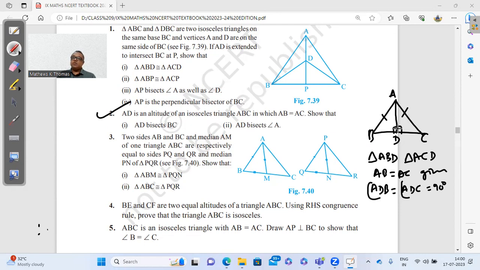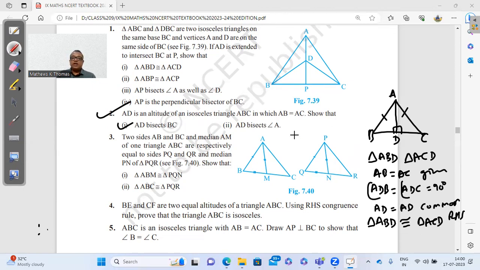AD equals AD, common. So the triangles are congruent by RHS, because we have right angle, hypotenuse and side. This is probably the first question where we are using RHS.